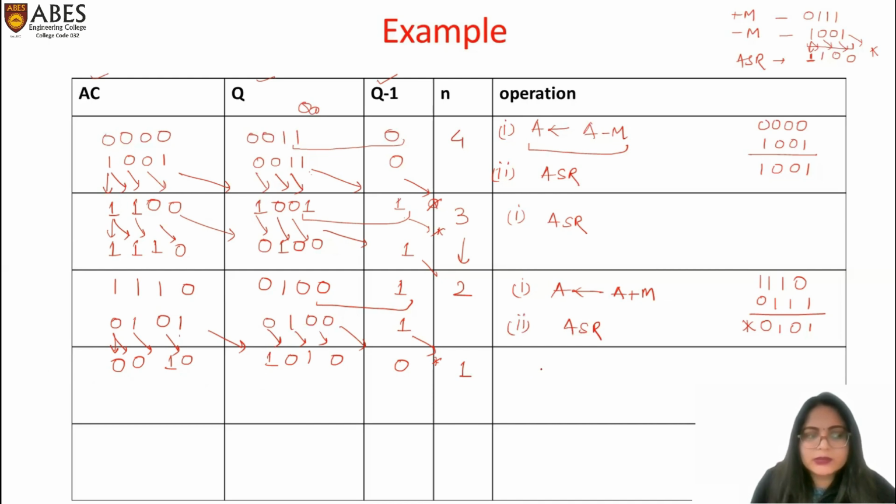So it will be 0, 1. Now we need to check the combination, that is 0, 1. So for 0, 1 we are going to perform again.